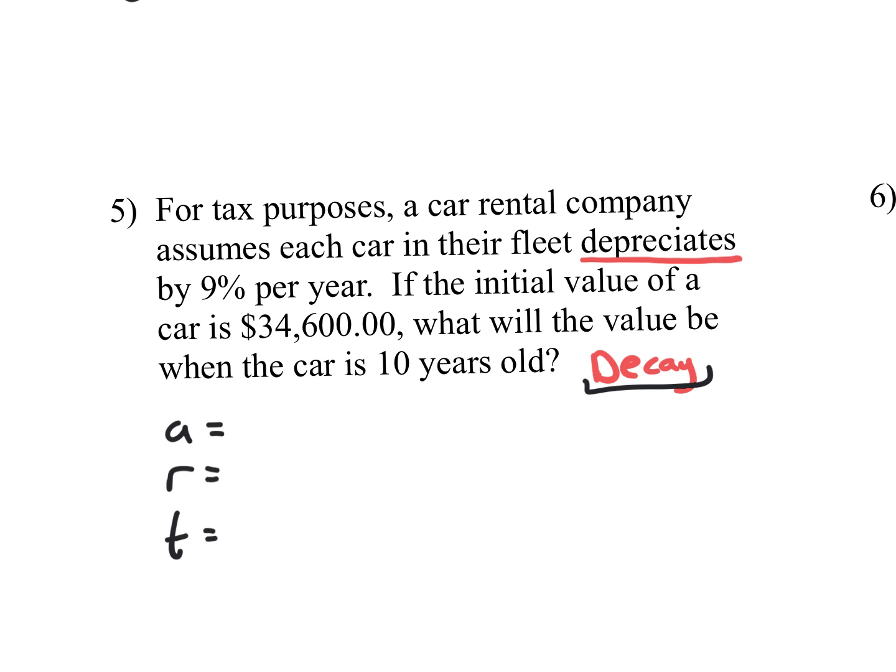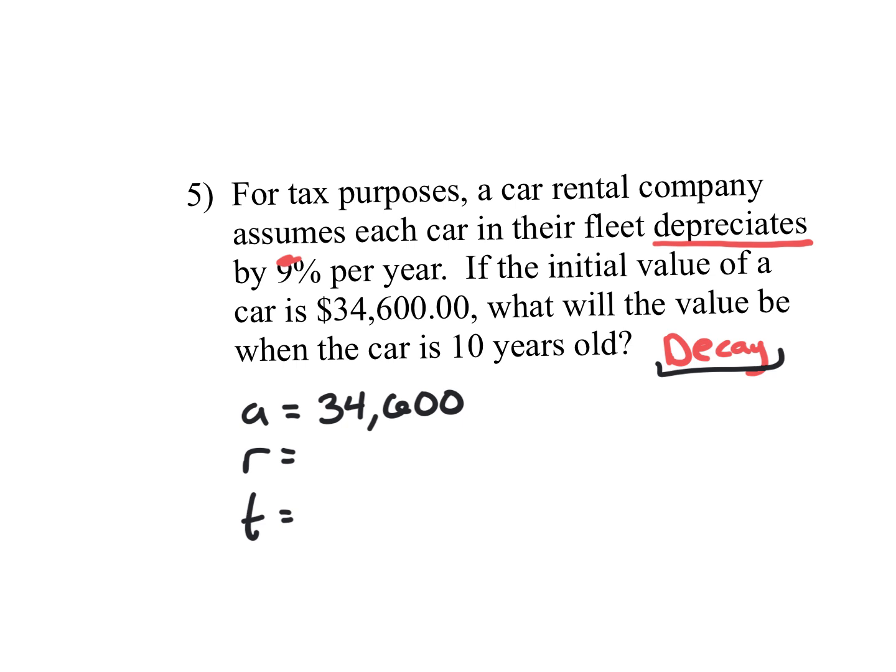What's A? Yep. What's my rate? And real quick, just for some practice, I want to change this to 12%. So if my rate is 12%, what am I changing that to? Right. I'm going to move that decimal 2 places, so that turns into 0.12.